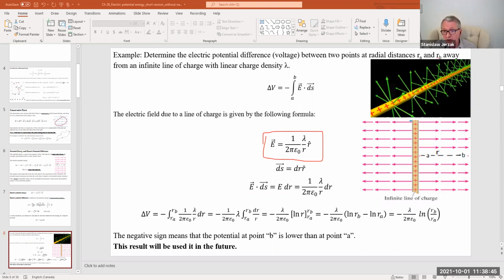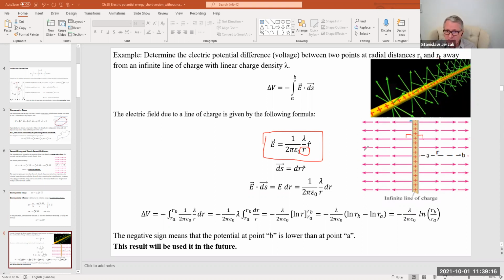Let's say we have a line of charge in cross section, and in the plane of the screen the electric field is radially perpendicular to the line, and its magnitude decreases with distance. The vectors get smaller and smaller to indicate that the electric field decreases as 1 over r.